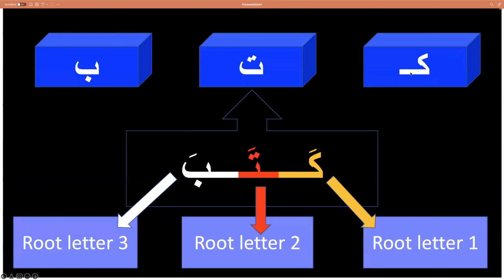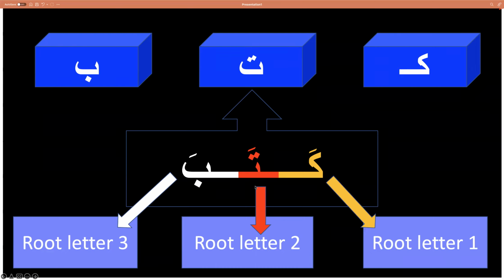As in here we have ka, ta, ba, kaf, ta, and ba. These letters are considered the root letters of the word kataba. Now, as we can see here, ka, that is root letter number 1.